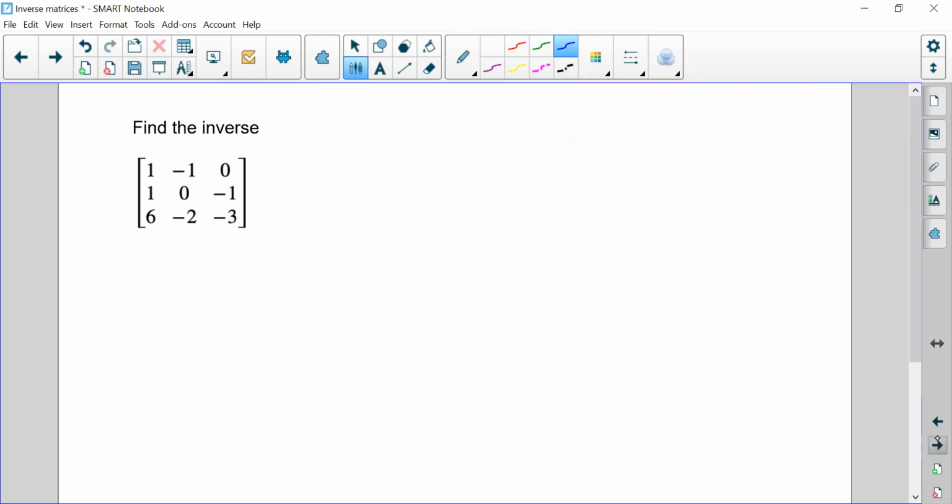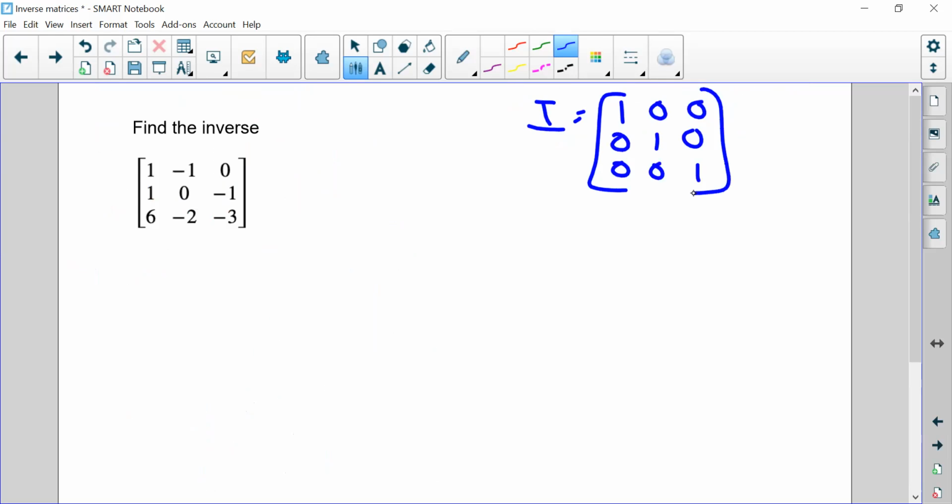It's a 3x3, so what's my identity matrix going to be this time? Our identity matrix is 1, 0, 0. That's what we're trying to get to this time. That's going to be our goal.